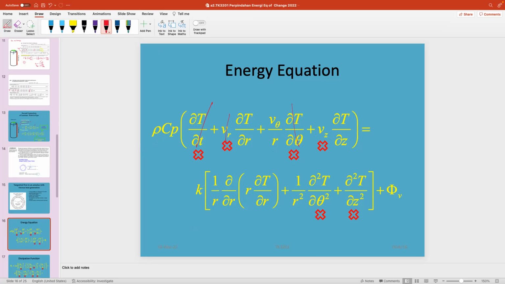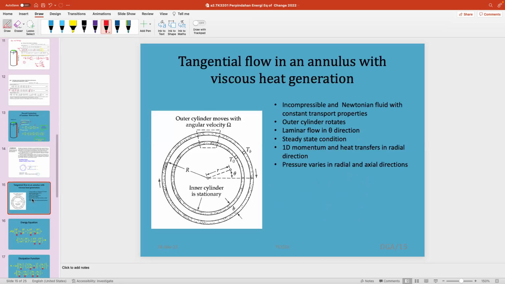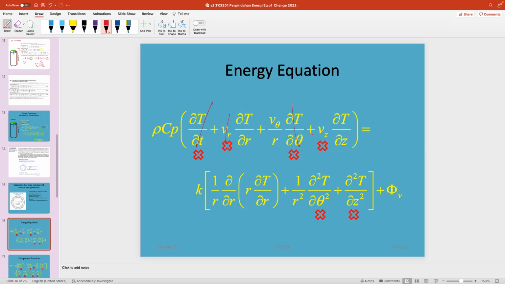Okay, and then we don't have Vz because the fluid only rotates in the theta direction. It doesn't flow in the r direction or in the z direction. So we can also delete that one, and then this equals k (1/r) ∂/∂r of r ∂T/∂r.